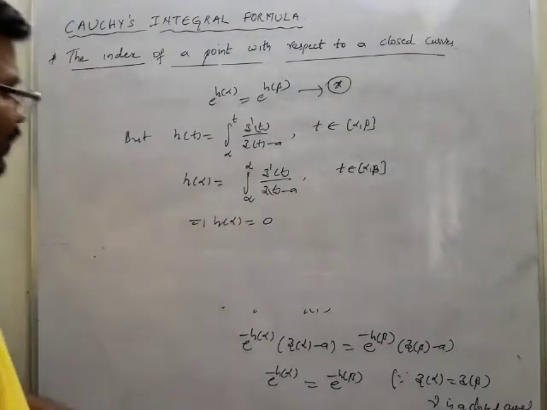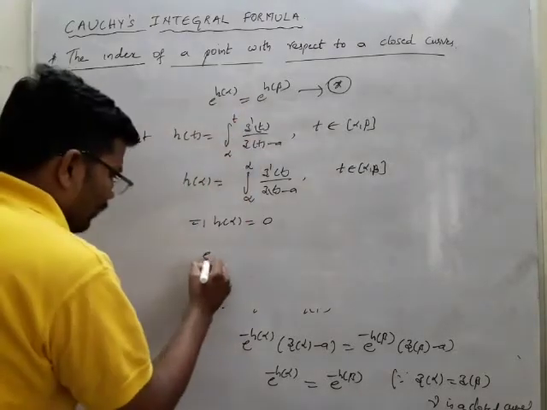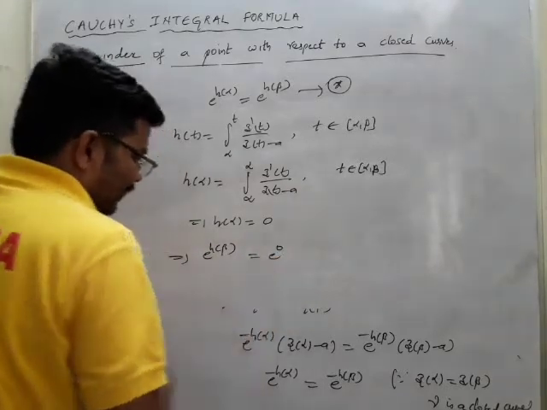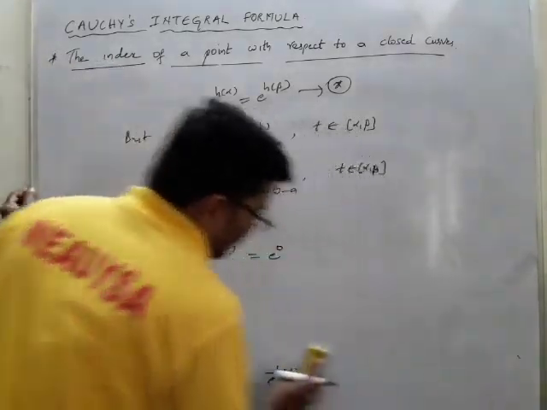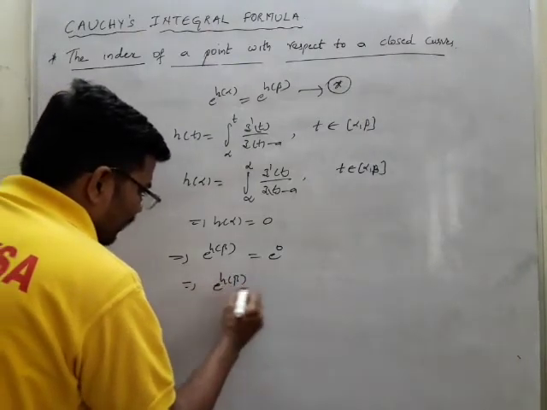So you may take h of alpha is equal to 0. Therefore e power 0 is 1. So e power h of beta equals e power 0, because h of alpha is that. So I may write e power h of beta is nothing but equal to 1.